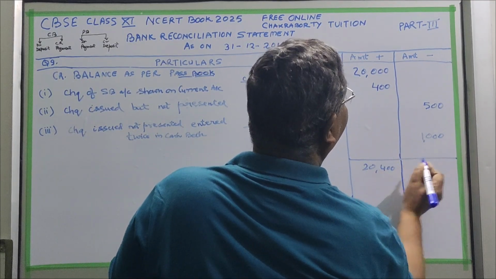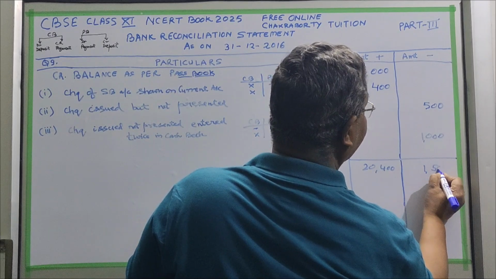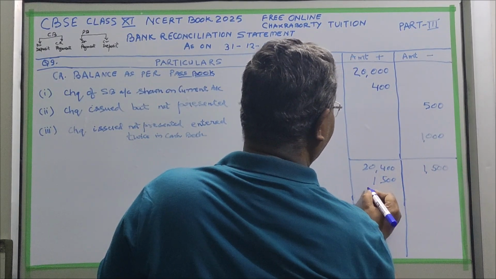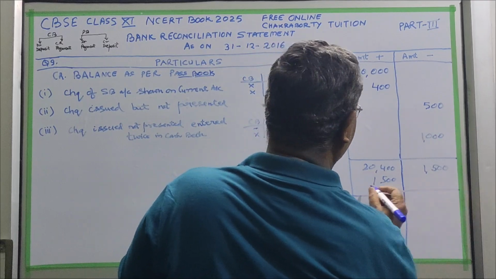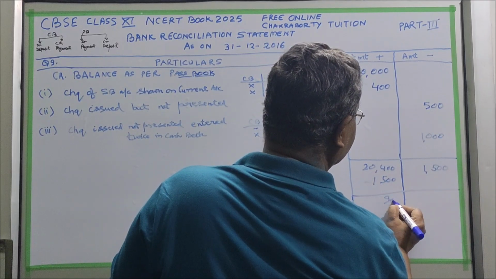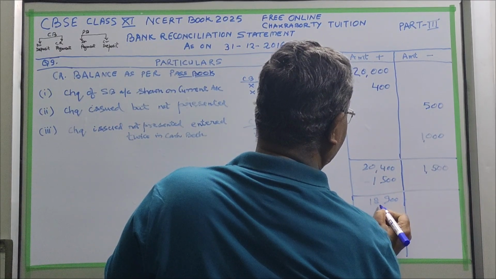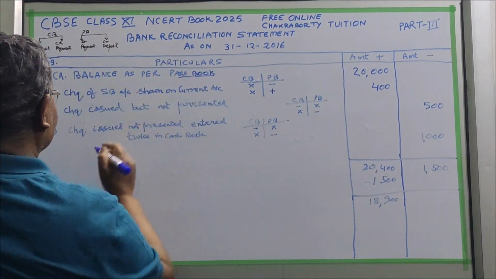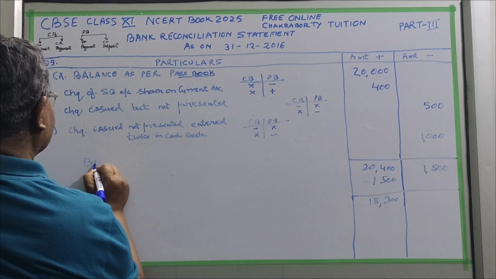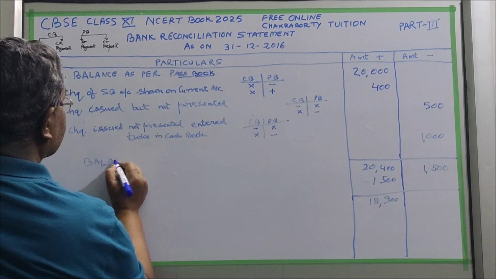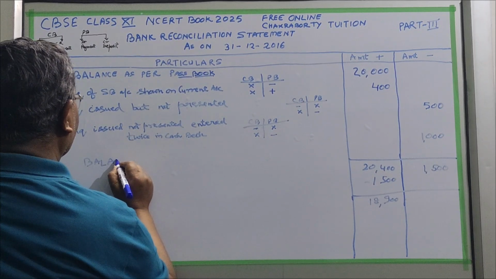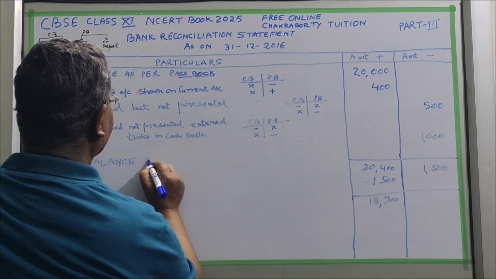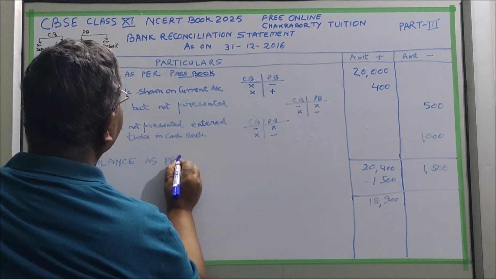20,400 and here 1,500 will come to this side. So after the minus, 18,900. This is the credit balance as per passbook, so we will write balance as per passbook.